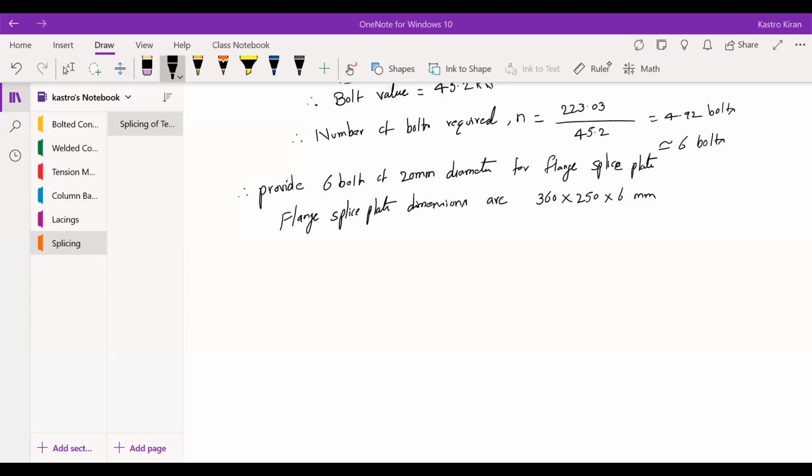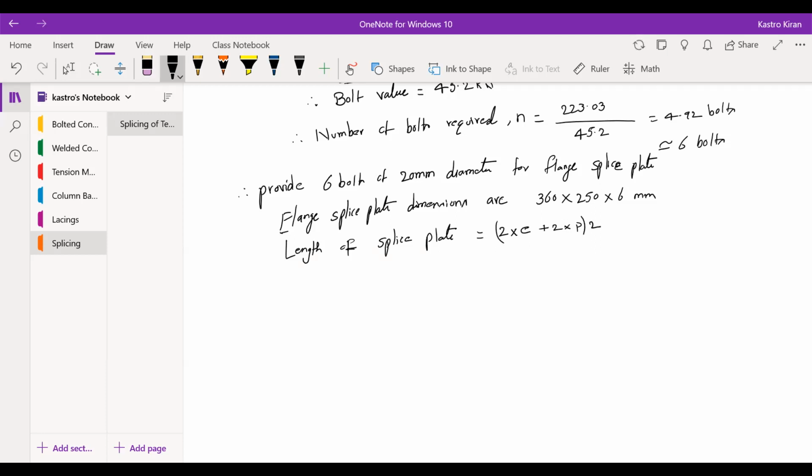Here the 360 is the length of the splice plate. Let's find out the length of the splice plate and write this statement. The length of the flange splice plate, because we are providing it for flange only, is calculated as 2 times of edge distance plus 2 times of pitch distance, whole multiplied by 2.